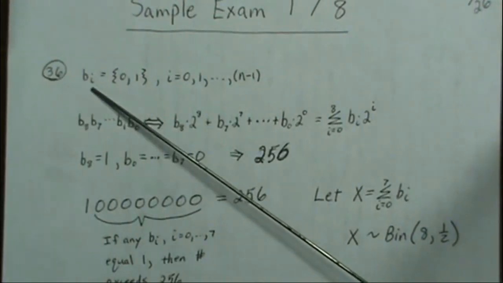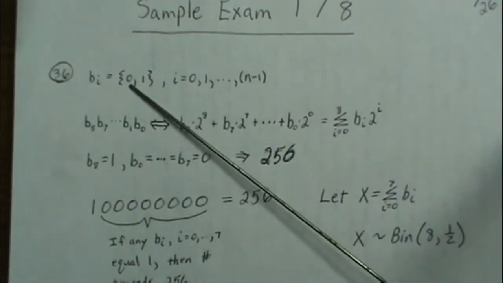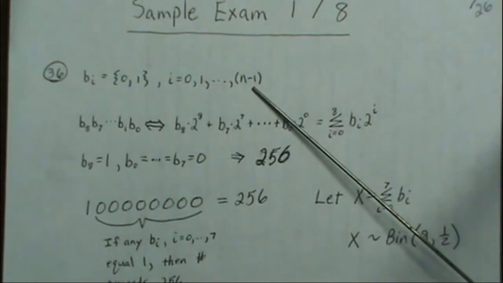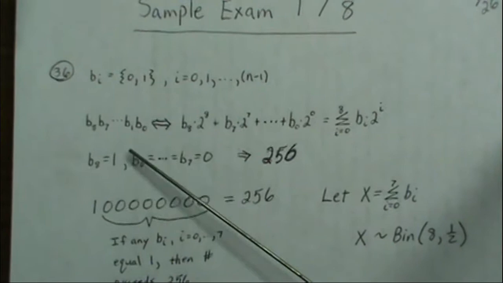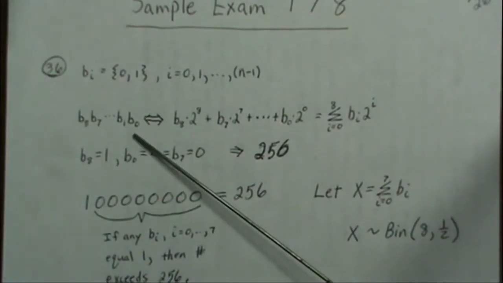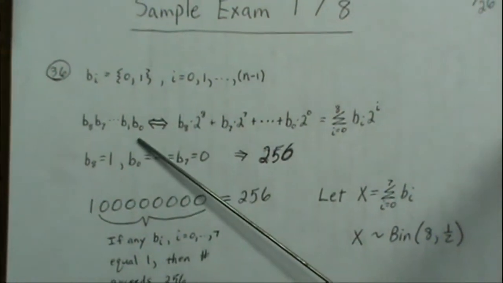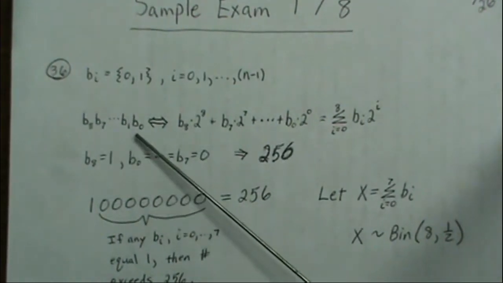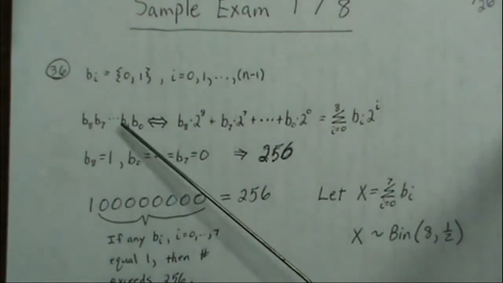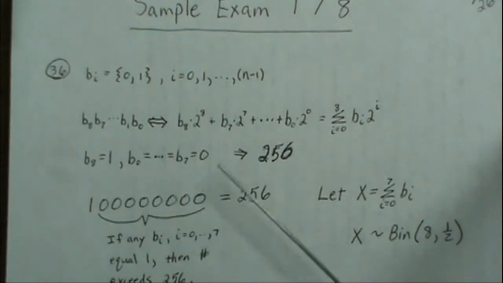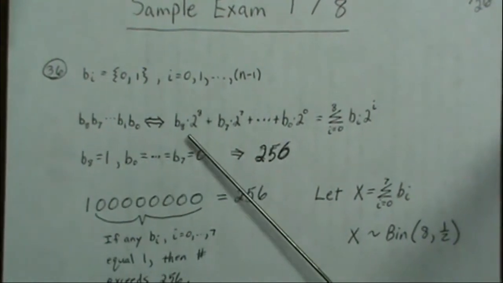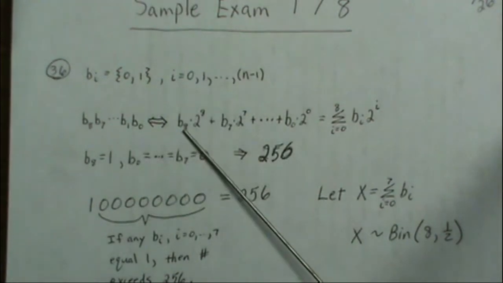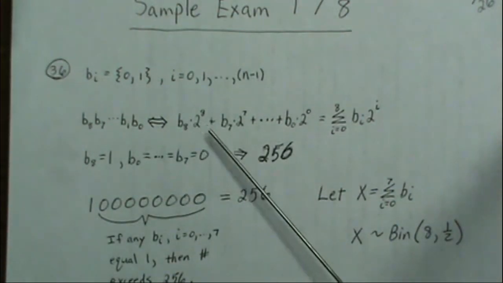If we let b_i be 0 or 1, and i goes from 0 to n minus 1, then in our example where we had 9 flips, we go from 0 to 8, so flip 1, 2, 3, 4, etc. Then a binary number is, this is either 0 or 1 times 2 to the 8th.